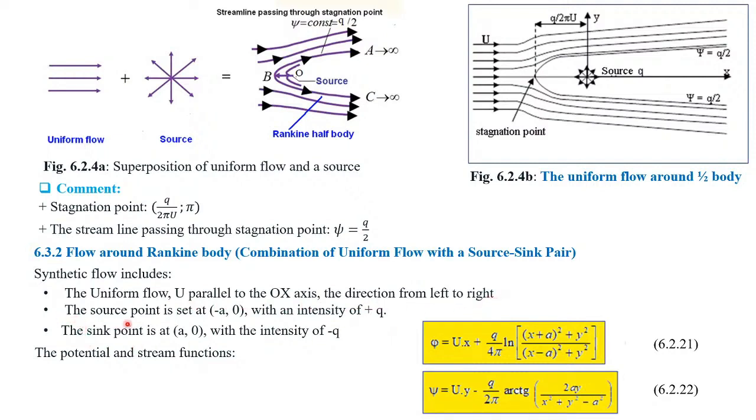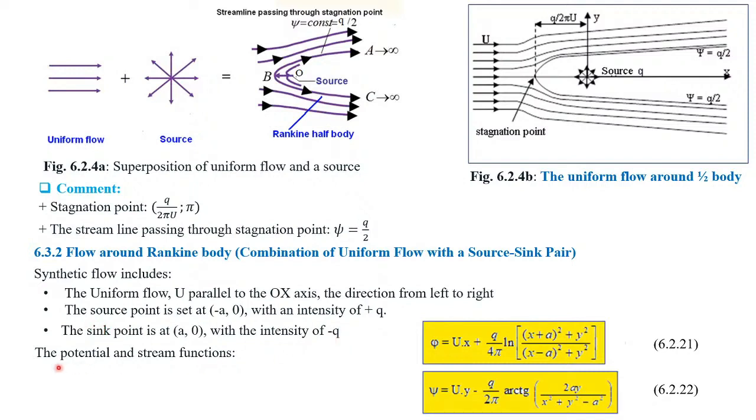Second, the source point is set at minus a, O with an intensity of plus Q, because this is a source. And the sink point is at a, O with an intensity of minus Q, minus because this is a sink.